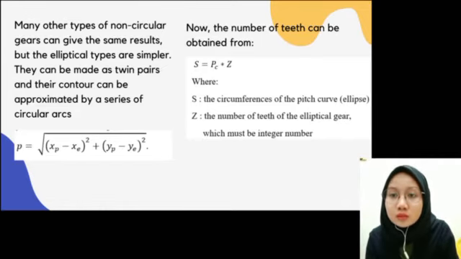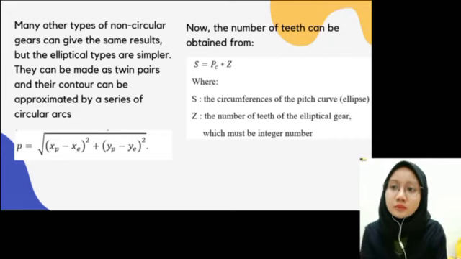And the equation is P equal to the square root of ((xp minus xe) to the power of 2 plus (yp minus ye) to the power of 2). As is known, there is no accurate formula for calculating the circumference of the ellipse. All the equations are approximate, with an error of at least about 1% of the circumference.